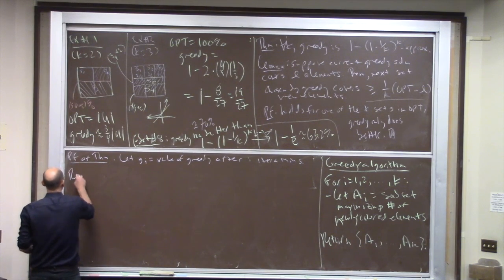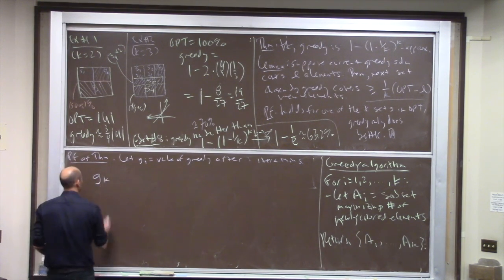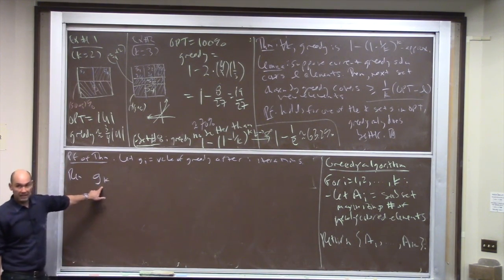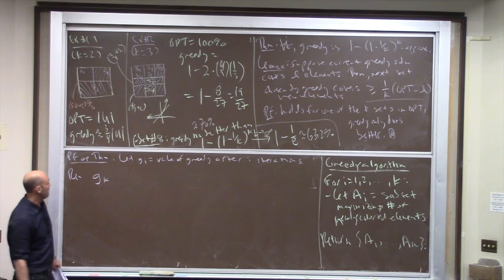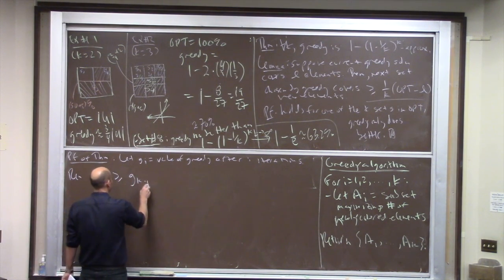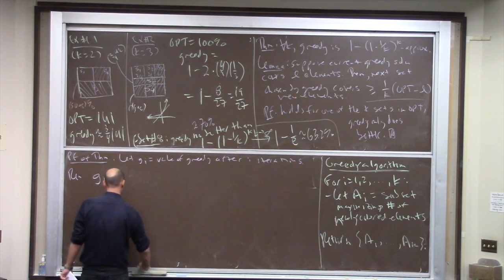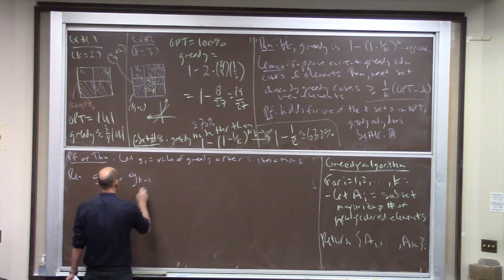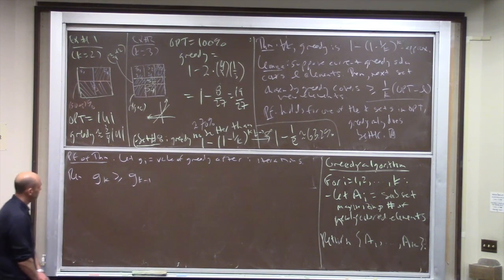Okay, so G_k is what we really care about, right? This is the value of the final greedy solution. So let's apply the lemma. How many elements have we covered at the end?